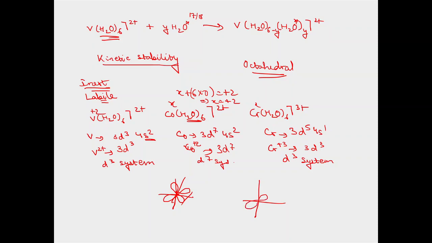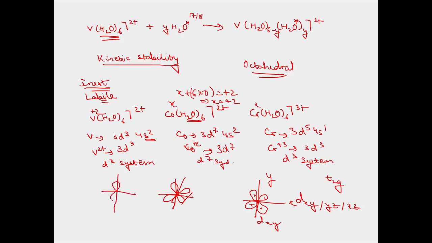So the orbitals which are present between the axes, that is dxy, dyz and dxz. If we consider this as x and y, then this is the dxy orbital, which is one of the T2g orbitals, and the other 2 orbitals are like this.